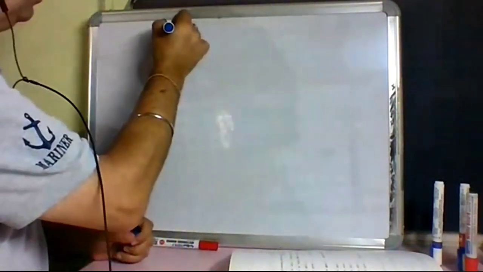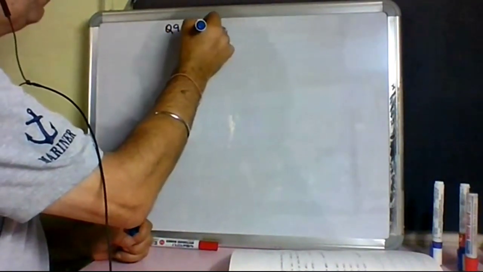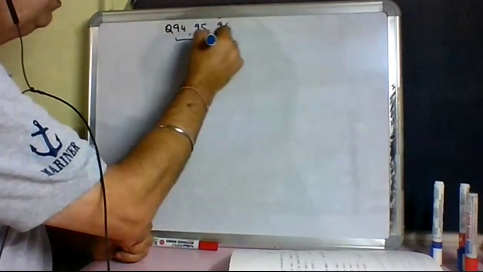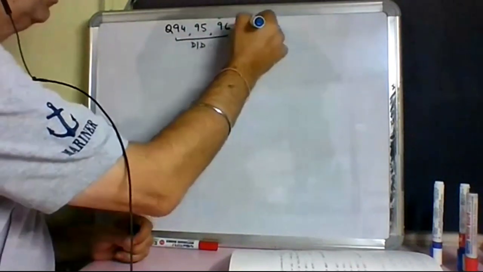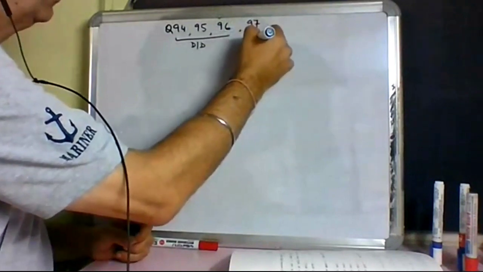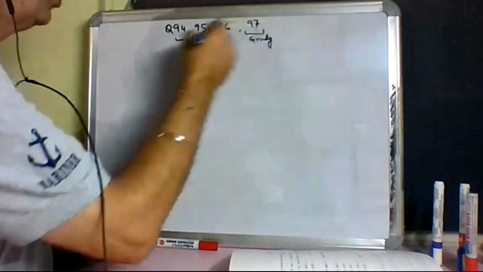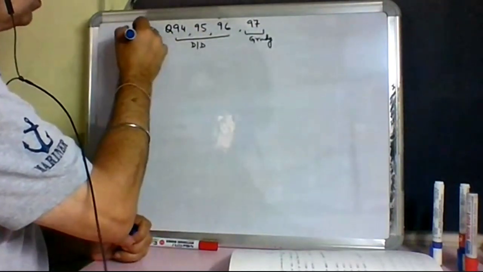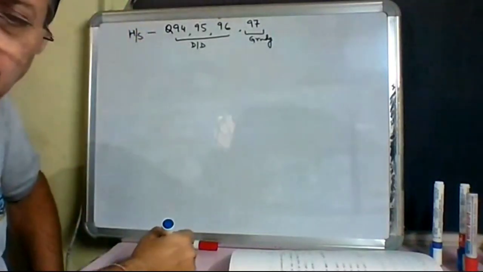Question number 94, 95, 96 deal with Hinship dry docking, and 97 deals with grounding of Hinship. These are all Hinship questions which are in our syllabus.